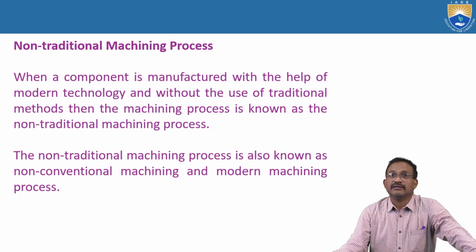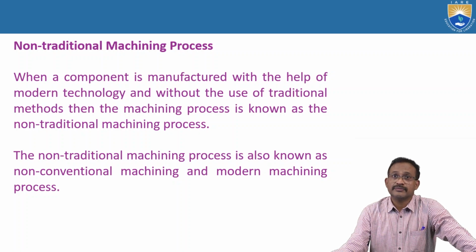Basically, we cannot use non-traditional machining process just to make a hole on some flat workpiece for the general purpose. The purpose is very much important. Then only we have to go with non-traditional machining process. Otherwise, it will be very much expensive. We'll see all these things in subsequent presentations.